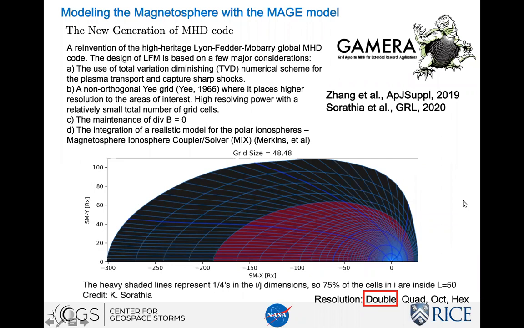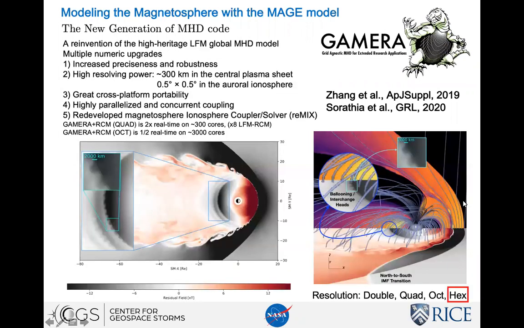Here you can see Gemera is a reinvention of the LFM code. It has multiple numerical upgrades based on LFM. It has extremely high resolving power and robustness.